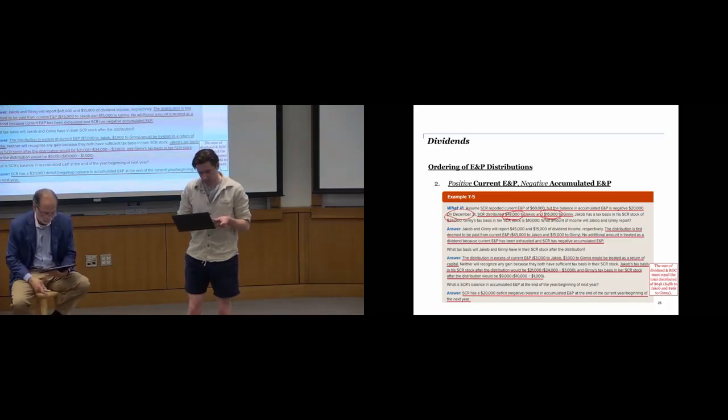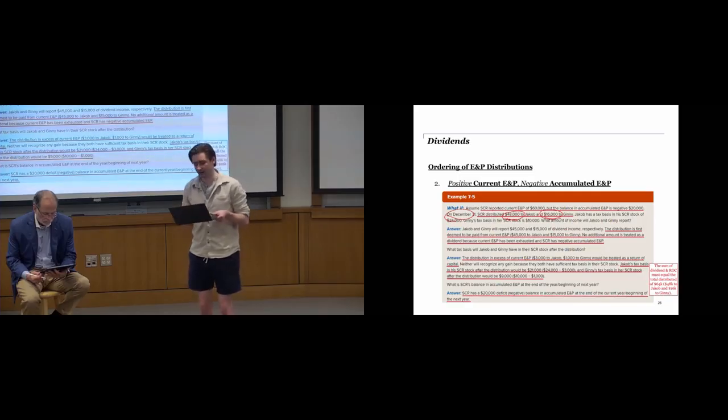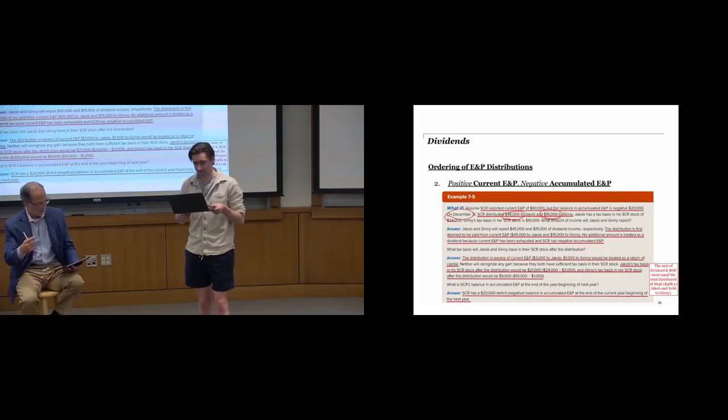And then going on to the next, what tax basis will Jacob and Ginny have in their SCR stock after the distribution? And that's that difference. You see that excess, that $3,000 to Jacob, and then that $1,000 to Ginny. Because Jacob got $48,000, but he only got $45,000 of the current E&P, so there's still $3,000 you got to account for, right?